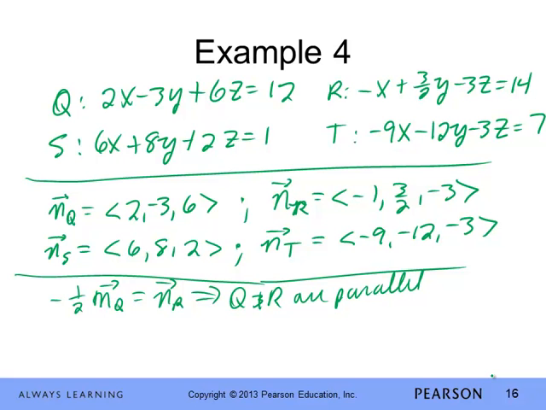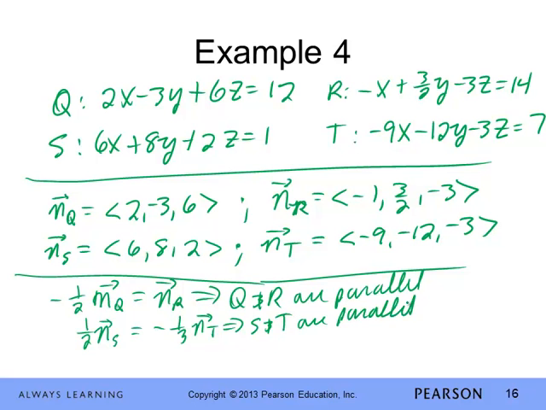So you could say that 1/2 of n sub s is equal to negative 1/3 n sub t. So you could write one as a scalar multiple of the other. You could write n sub s as negative 2/3 of n sub t. So that means that S and T are parallel as well.